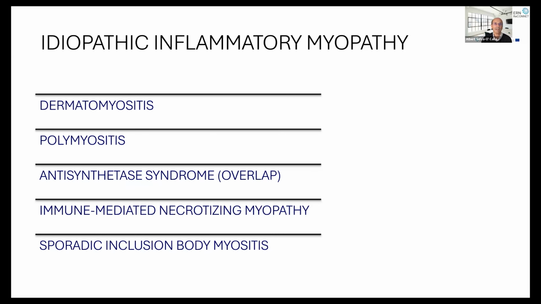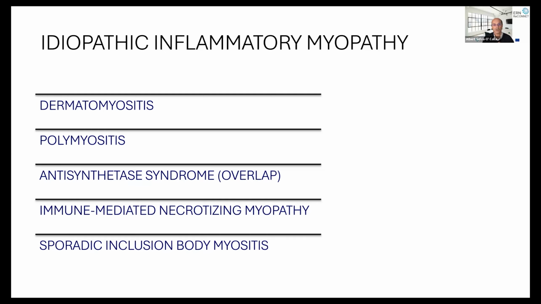So these are the diseases of the group. It's a heterogeneous group, and we can define perfectly dermatomyositis, polymyositis, although we all know that polymyositis is an exclusion diagnosis and is very, very rare. The antisynthetase syndrome, for which we currently have new classification criteria. And in this box there, we also put other overlap syndromes.